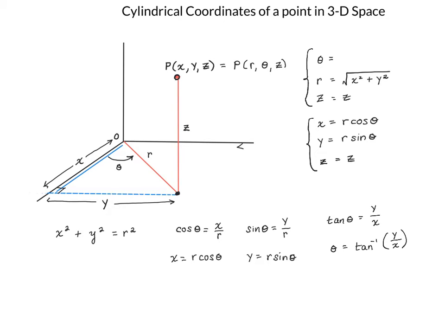So let's write this up here. To get theta, it's the inverse tangent of y over x. So these two sets of equations allow us to convert between our Cartesian and cylindrical coordinates. The first set of equations allows us to find our cylindrical coordinates from our Cartesian coordinates, and the second set allows us to find our Cartesian coordinates from our cylindrical coordinates.